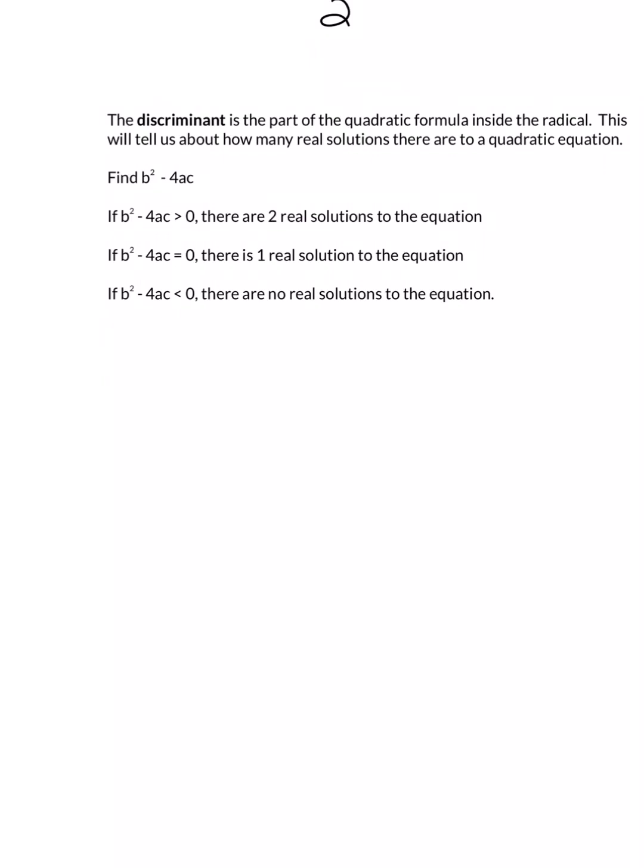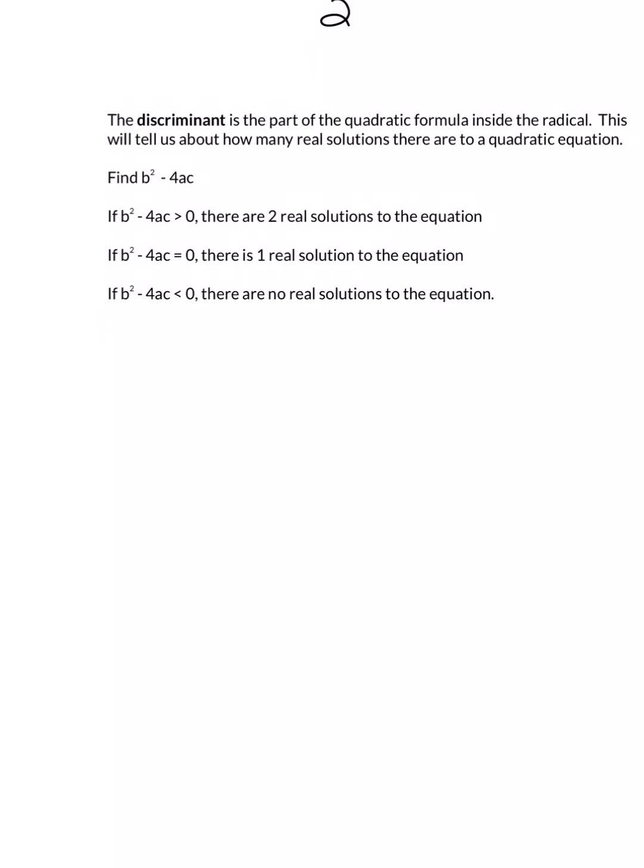The discriminant is the part of the quadratic formula that's inside the radical. This tells us how many real solutions there are to a quadratic equation. So to use the discriminant, you're going to find b squared minus 4ac.